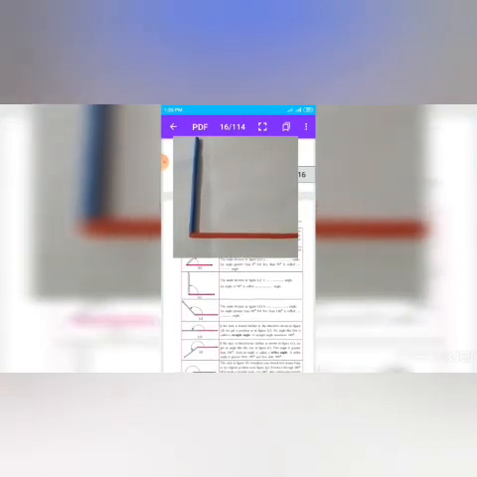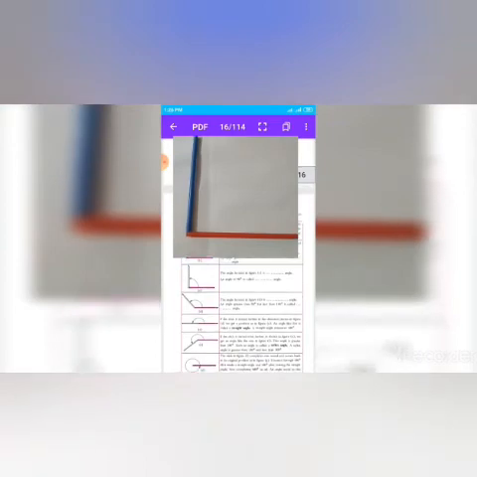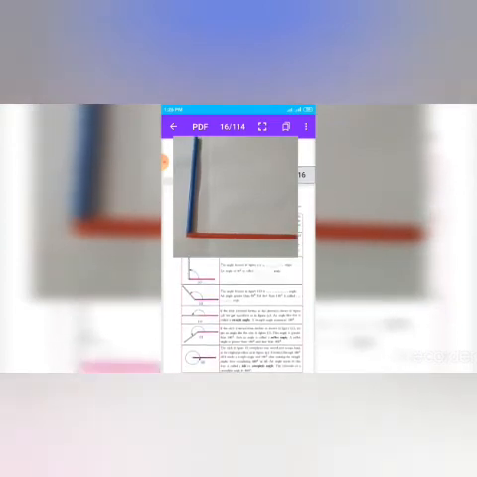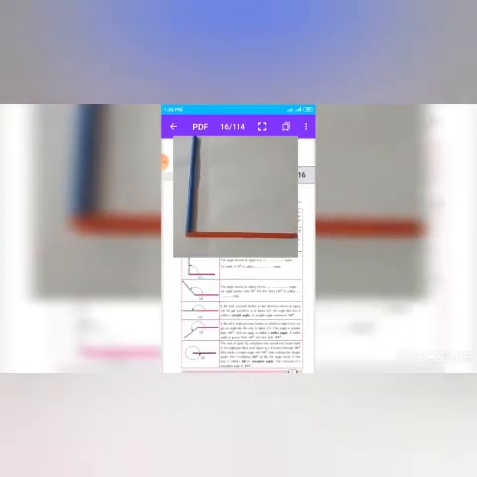Then the angle formed in figure C is right angle. An angle of 90 degree is called right angle.